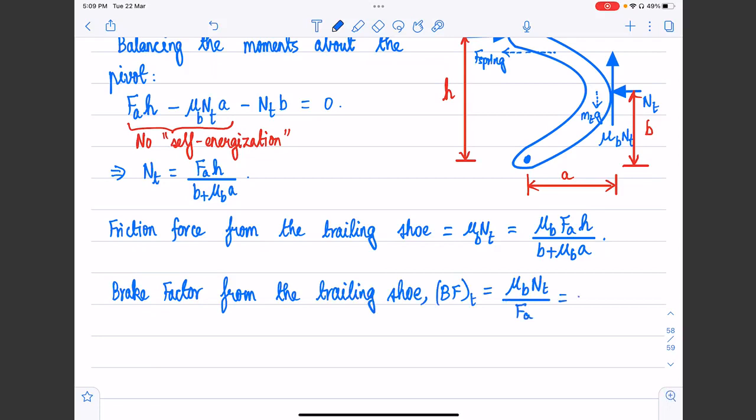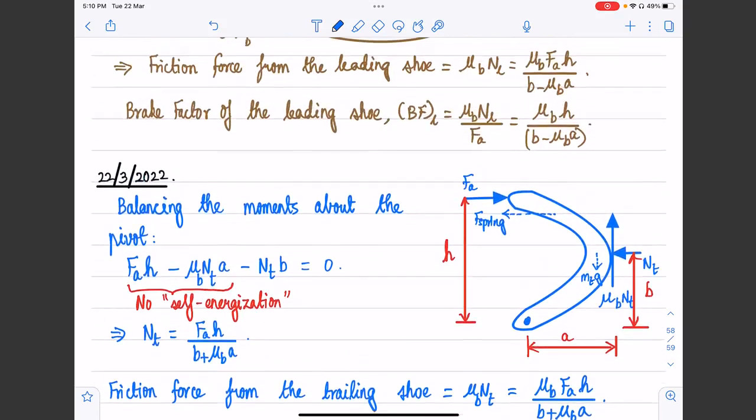So we will get it as mu B times H divided by B plus mu BA. We can immediately observe something: for the same brake lining friction coefficient and same dimensions, the brake factor of the leading shoe is going to be much higher than the brake factor of the trailing shoe.